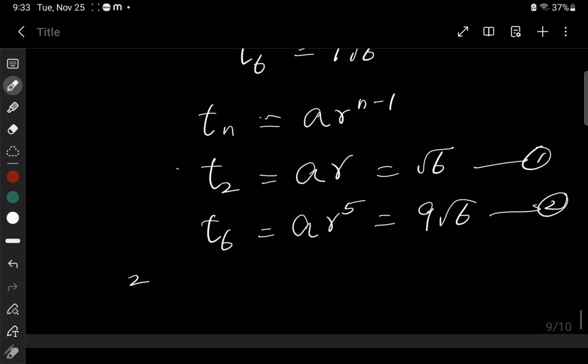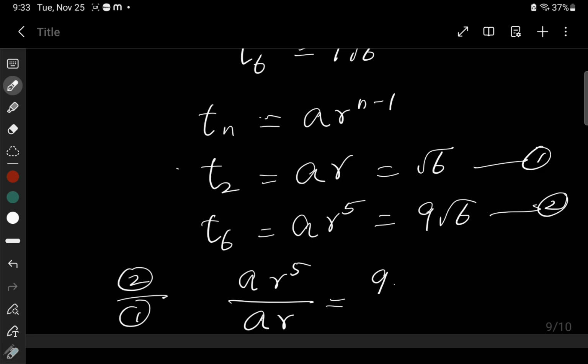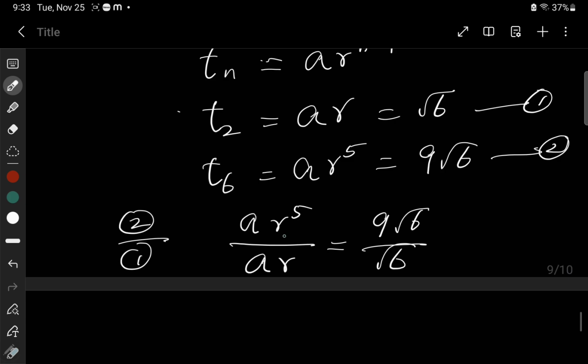So divide the second equation by the first equation. So 9 root 6 divided by root 6, root 6 cancels. Let me take the left side first: a r power 5 divided by ar, equals 9 root 6 divided by root 6. A cancels.